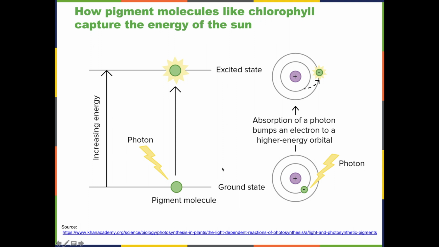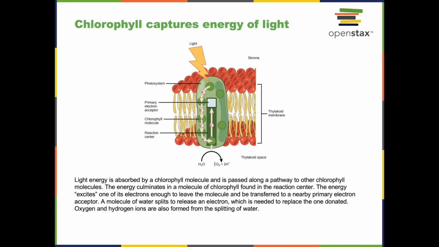Now, when this molecule goes back to its resting state, or what's called ground state, this energy is released, and that release of energy is absorbed by the next chlorophyll molecules, and all of these energies that are released are going to converge onto that chlorophyll that is sitting in this reaction center, and that causes the electron in this molecule to actually leave the molecule and go somewhere else.